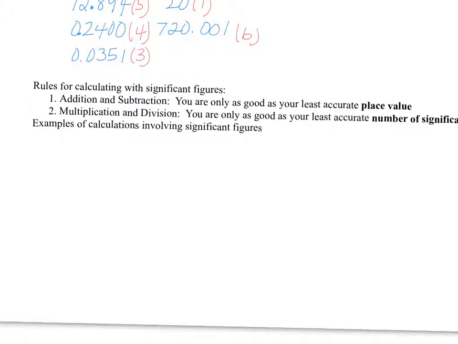But for Regents kids, it's easier to say the least number of decimal places than the least accurate. Multiplication and division, same thing. We do our math, and it's going to be to the least number of significant figures. All right, so I'm going to put up a couple of examples here, and I want you to solve them, and let's see how we do.